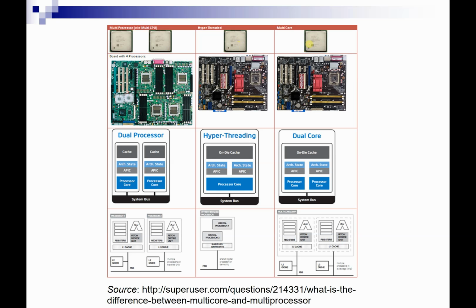Next, we could have a multi-core processor. This is a single processor, but there could be multiple cores in here. And the diagrams below just show again what is actually happening within the processor when you have these different types of processors.